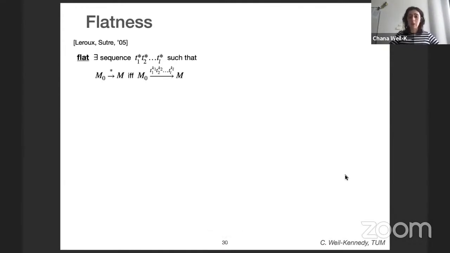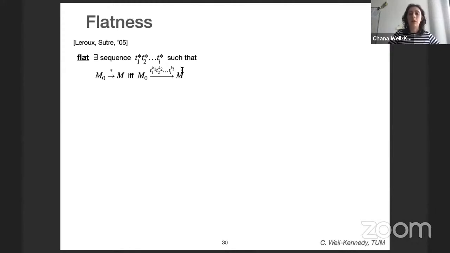So there's a notion which Saramia did evoke in his talk of flatness. So we consider flatness as introduced by Leroux and Sutre in 2005, where we say that a Petri net is flat if there exists a sequence, T1 star, T2 star, of transitions of the net, so kind of like a regular language over transition words, such that a marking M0 reaches a marking M if and only if it can reach it via a firing sequence, which is a word of this regular language.